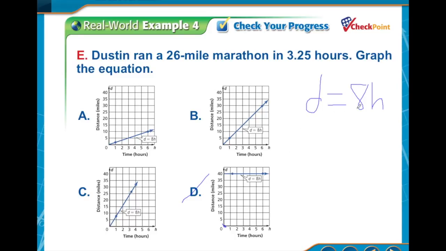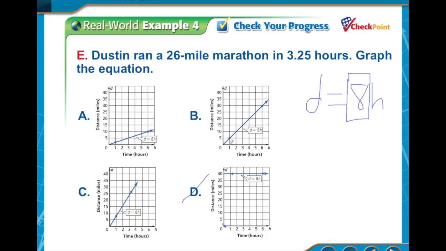So what do we know here? We know we're starting at the origin, so that's good. We also know that our rate, or our constant of variation, also our slope, is this 8 number. So that means for every 1 hour that goes by, we go 8 miles.